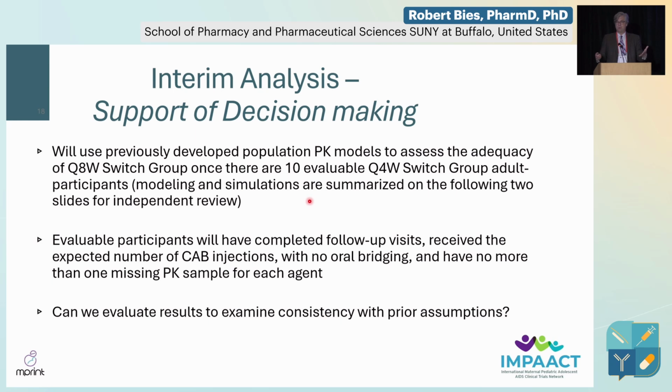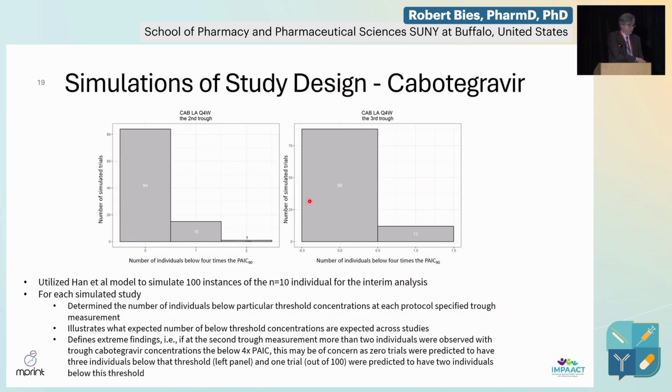And why would we do that? We want to evaluate the impact of the study design and the sampling variability on the interpretation of the model outputs versus the observations. And so if we do that, again, we simulated 100 instances for those n equals 10 individuals. The left panel shows the distribution of the number of individuals below 4 times the PAIC90 for the number of studies.